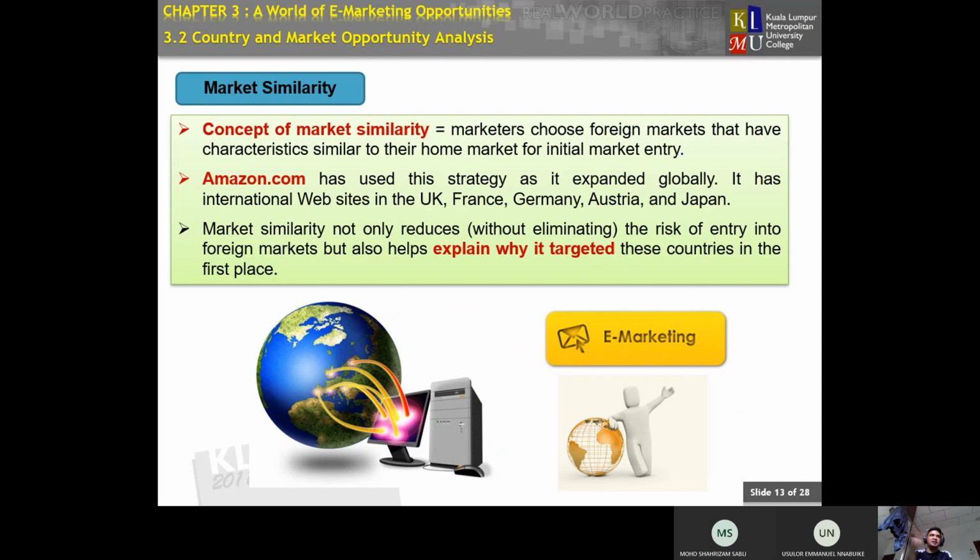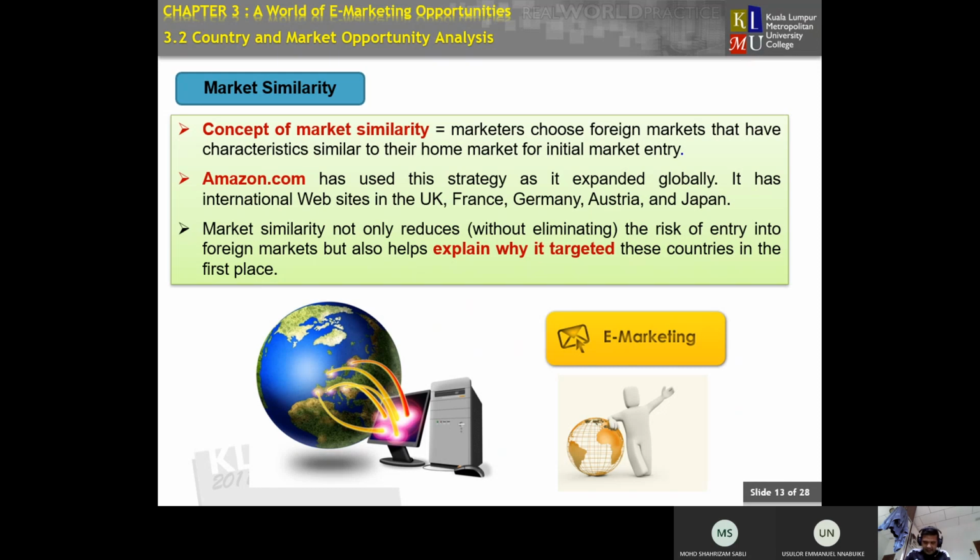But in terms of online marketing or online business, if you have a unique product that other countries don't have, you've got a good opportunity. That's why in e-business, many companies are looking at market differences compared to market similarities. If you tackle market similarities, meaning product similarities, you must work double the effort to penetrate past other competitors.